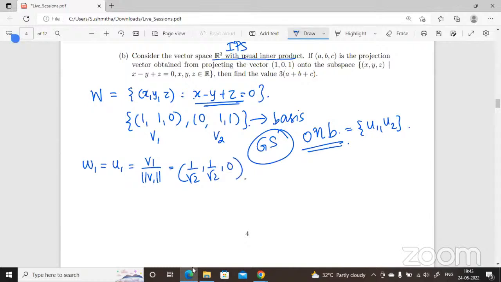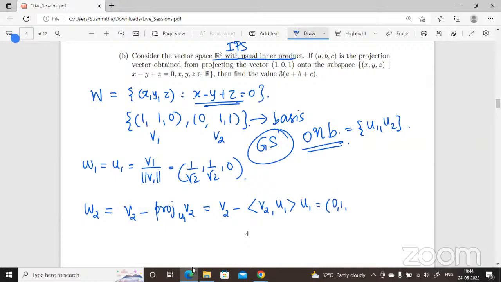Next is W2. W2 is V2 minus projection of V2 on U1. So this is V2 minus inner product V2 with U1, times U1.